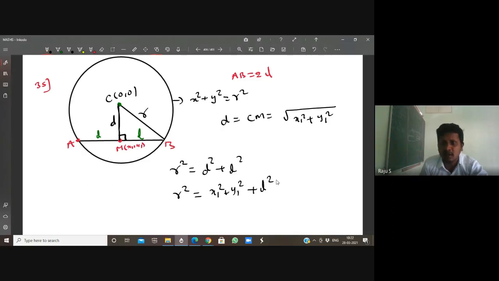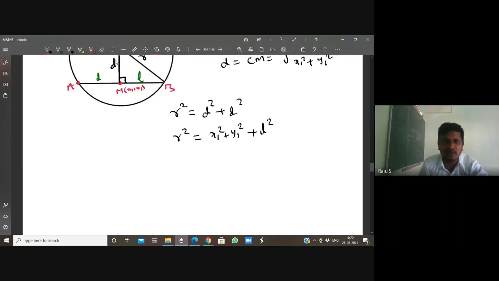The locus of the midpoint (x1, y1) means replace x1 by x and y1 by y. So x square plus y square is equal to r square minus L square.